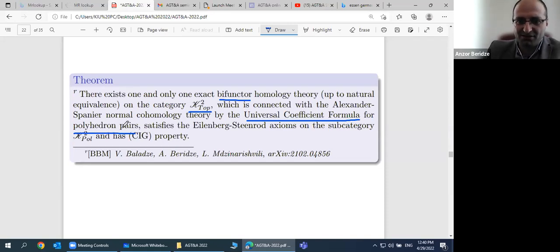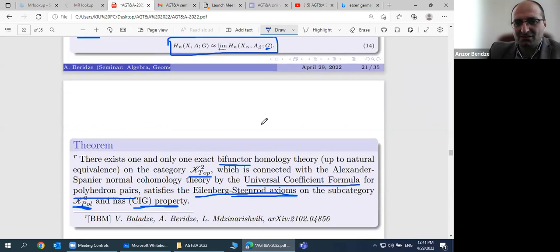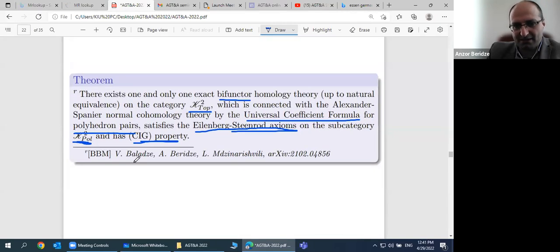Then we can prove that this will be valid for general topological spaces. And if the Eilenberg-Steenrod axioms are valid on this subcategory, then everything will be valid on the general category. And if we have this isomorphism, but only for injective abelian groups, then this homology theory is unique. And this is a joint paper with Baladze and Zinarishvili.